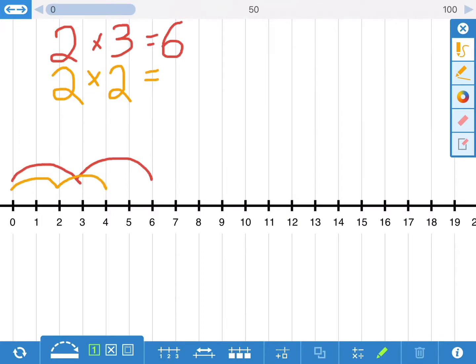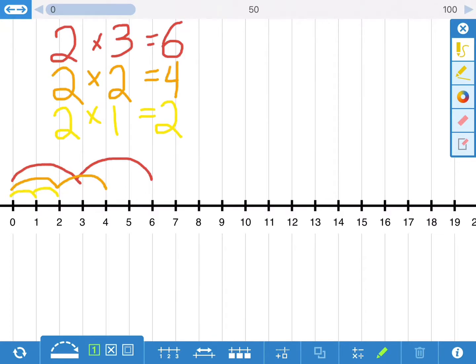Perfect. Now let's continue in this fashion. Let's go with yellow, and this time we'll go 2 times, you guessed it, 1. And we know 2 times 1 is 2. But this is 2 jumps of 1, 2 groups of 1. There's a group of 1, and there's another group of 1.